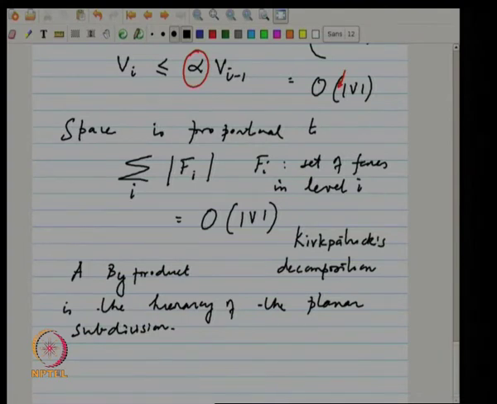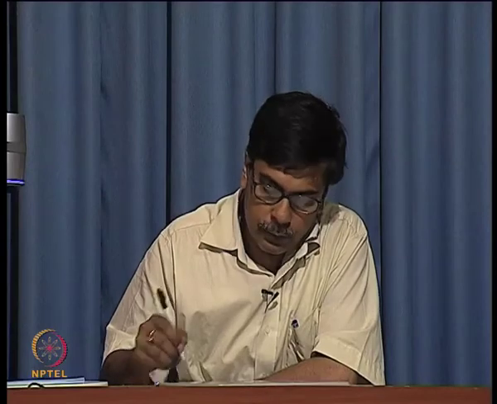So, Kirkpatrick's decomposition has many other applications, and the reason why it is studied is not because it is important just for 2-dimensional planar point location, but it has other kinds of applications. It is a very conceptually simple way of generating a hierarchy of the planar subdivision structure. And as I said, to the contrary, because it has high constants, people do not use this in practice for planar point location.